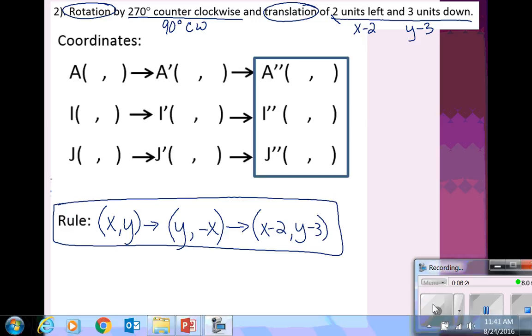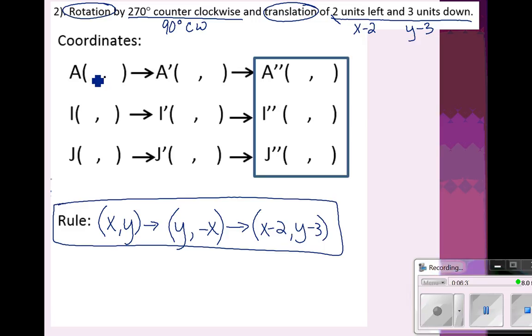Now let's go to the picture, and we're going to write down the ordered pairs for the original figure that's already given to you. And A is negative 5, 1. I is negative 1, 2. And J is negative 5, 5.